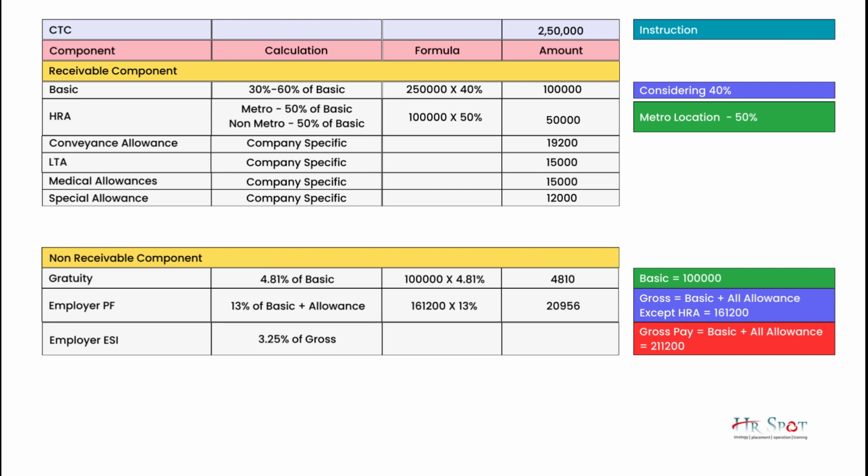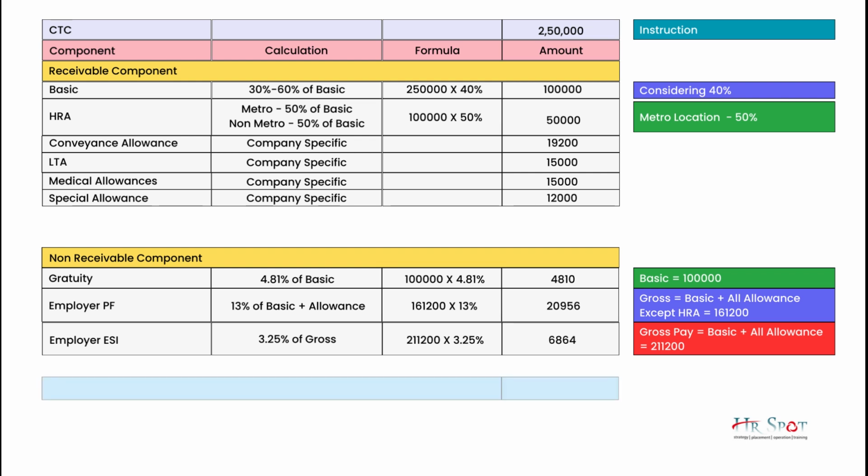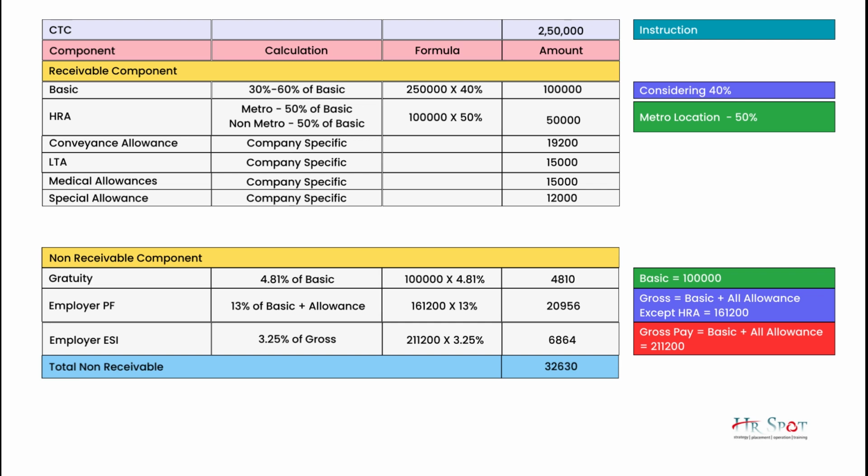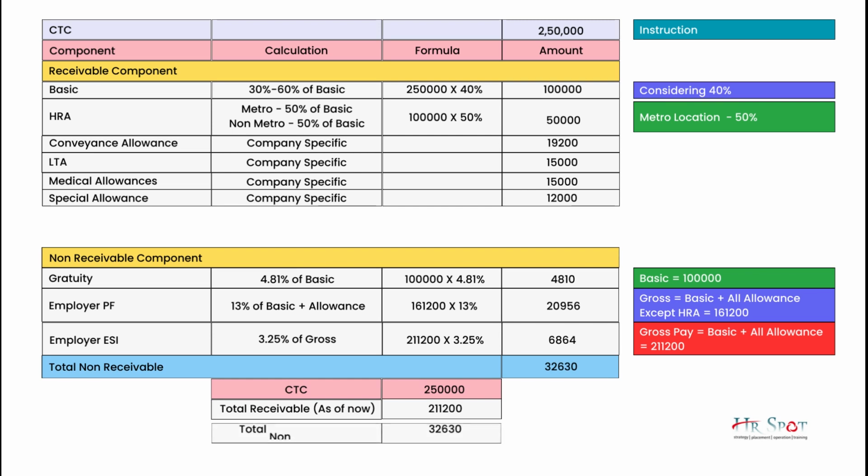So here the amount will be 2,11,200, and we are going to include 3.25% of 2,11,200, that is 6,864 as an employer contribution of ESI. So total non-receivable components are 32,630.